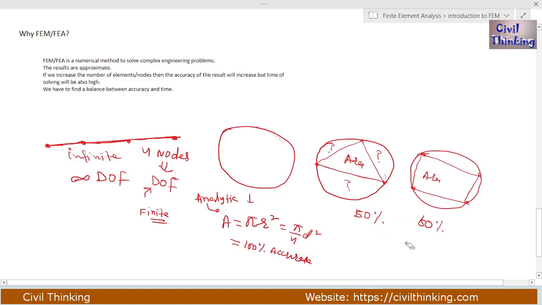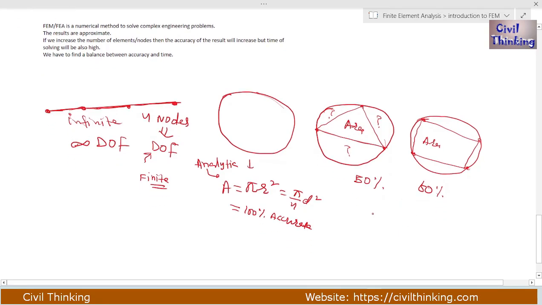Then let us increase the number of nodes. This time I choose more nodes, and I connect them.